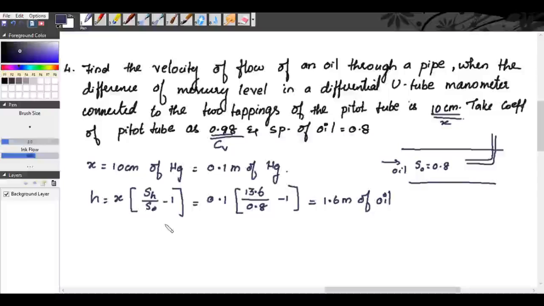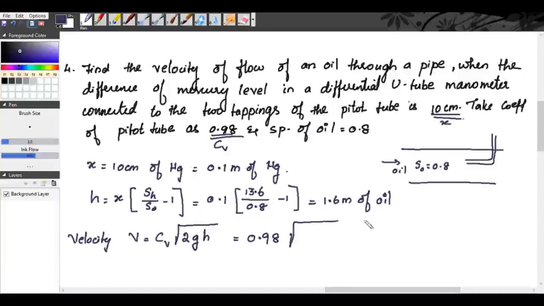Now, the velocity of flow. Velocity is equal to CV into root of 2gH. So CV is given as 0.98 into square root of 2 into 9.81 into 1.6.